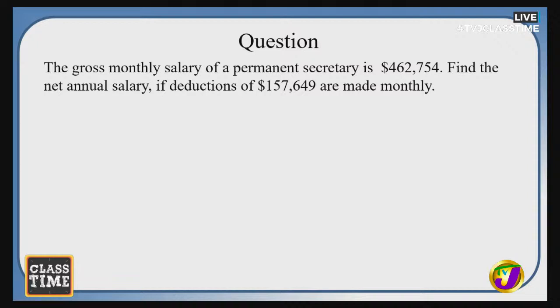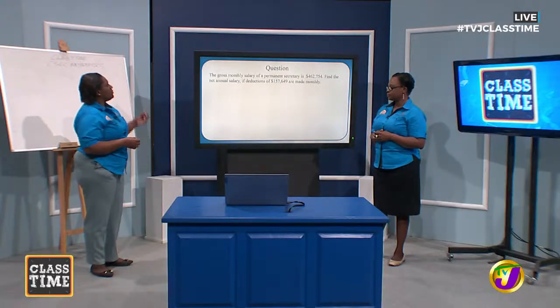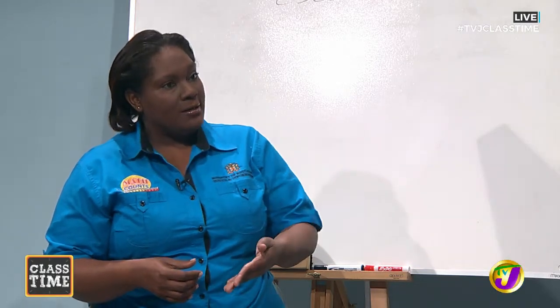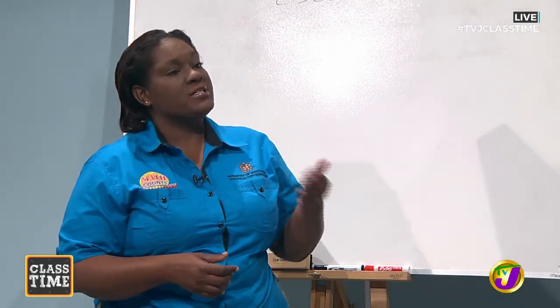Okay. All right. So we have the gross monthly, and we need to find the net annual salary. We also are given the amount for deductions. Yes. Right. And then we must highlight that there are many ways to solving this problem. That is true. So you could choose to go ahead and find the gross annual, seeing that you're given the gross monthly.